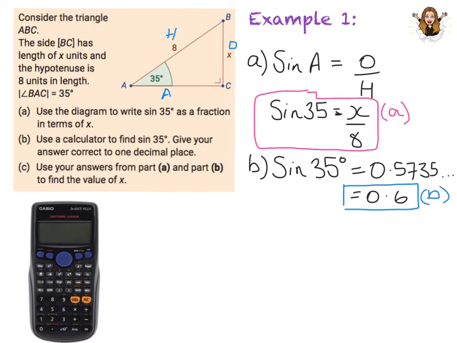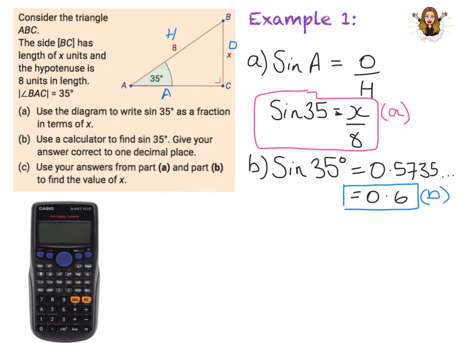And you're told to find the value of x. Well, if you think about it, x is in this expression here, and we have sine 35. What did we just figure out? Sine 35. So instead of writing sine 35, we write 0.6 and we basically cross multiply them and that will give us what x is.